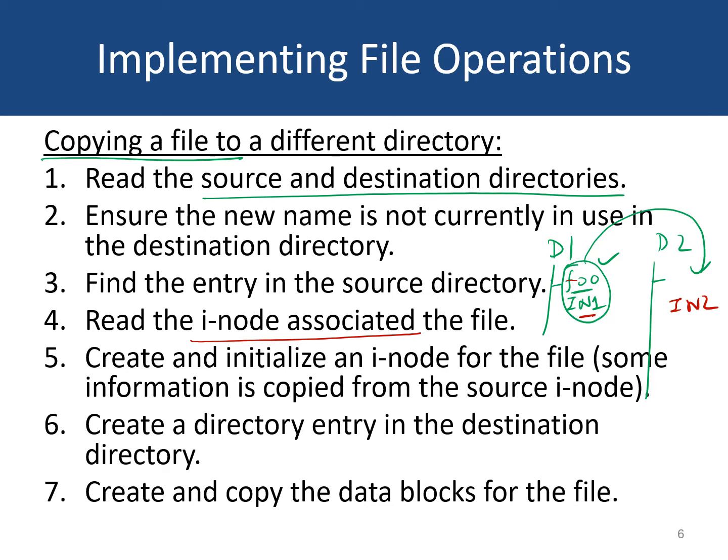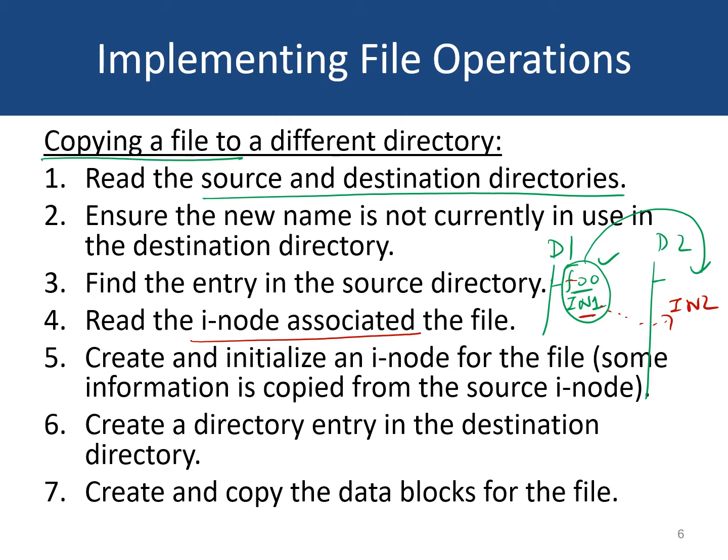Some information in this inode 2 can be copied from the original inode in directory D1. However, not everything would be copied, because this is an inode for a new file, which is a copy of file foo. So it will have its own different inode number, it will have a different inode block, and so forth.